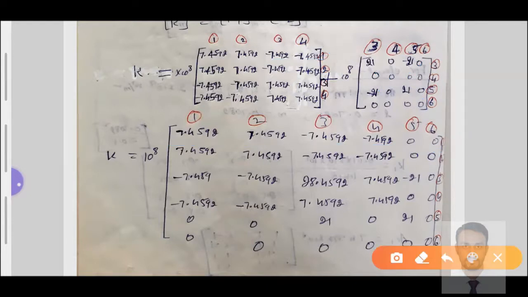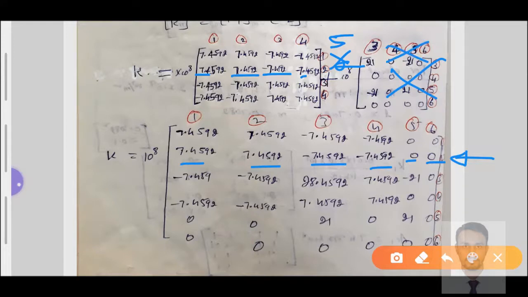Similarly, then we need to go for the second row. The second row is here, but we don't have a second row here. We'll take the second row first column value, second row second column value, second row third column value, second row fourth column value, second row fifth column we don't have, that is equal to 0, and the sixth column is also equal to 0. We don't have any values here with respect to the second row.